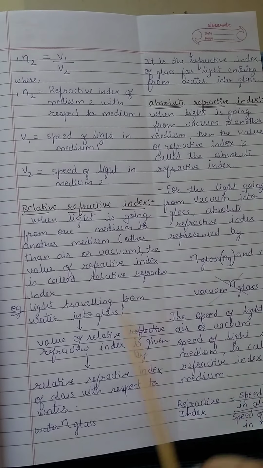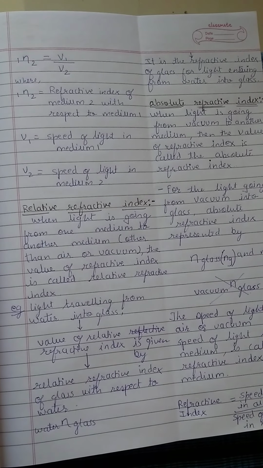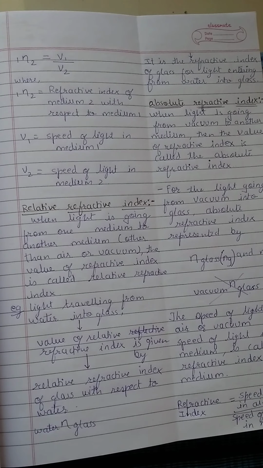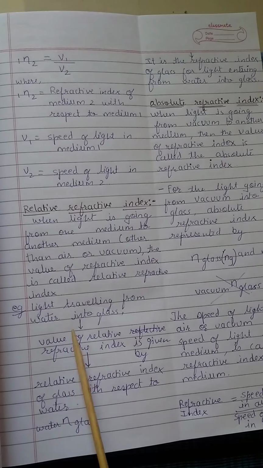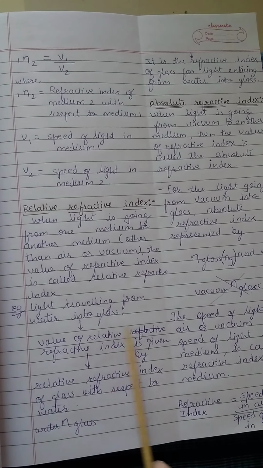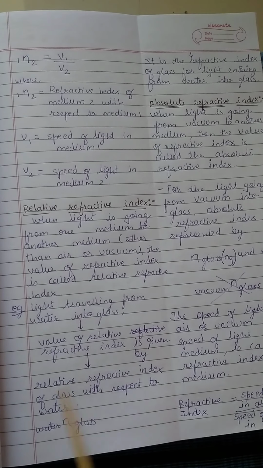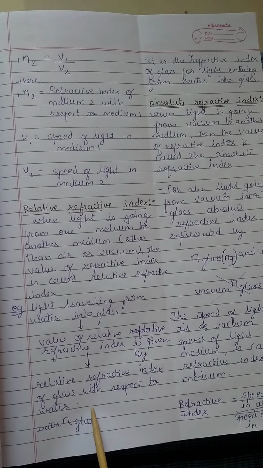Suppose light is traveling from water into glass. From water it travels into glass and comes out of the glass. Then the value of refractive index is given by the relative refractive index of glass with respect to water.